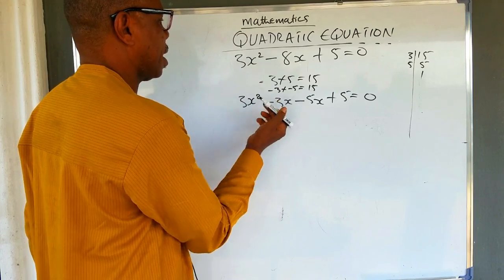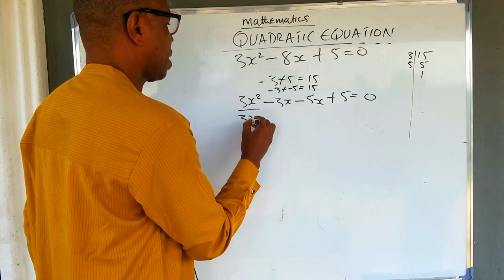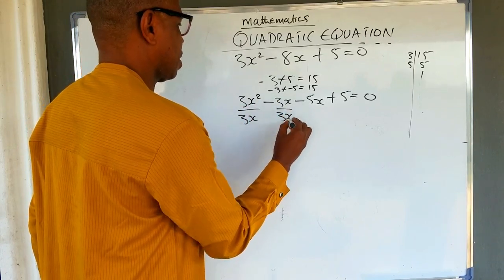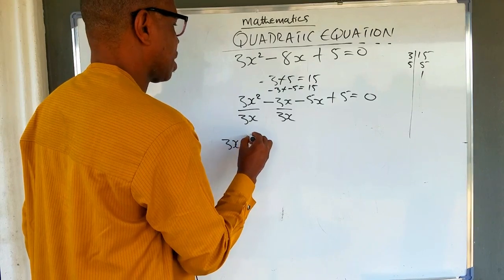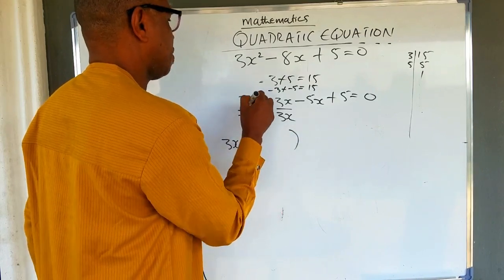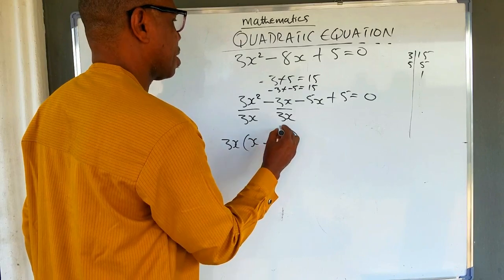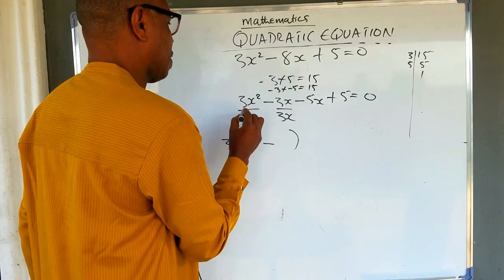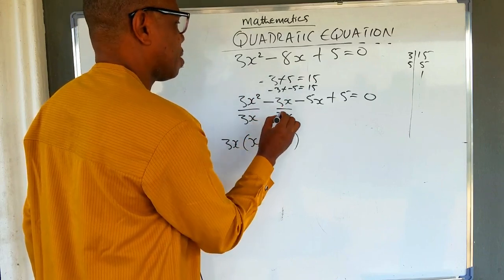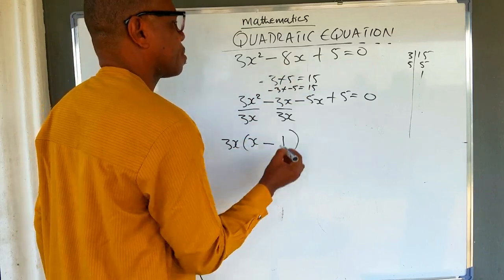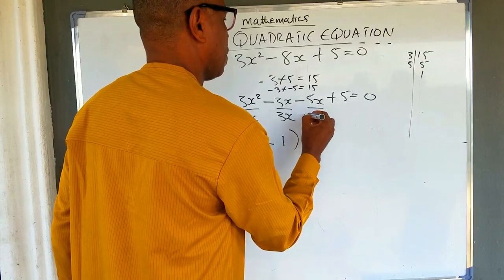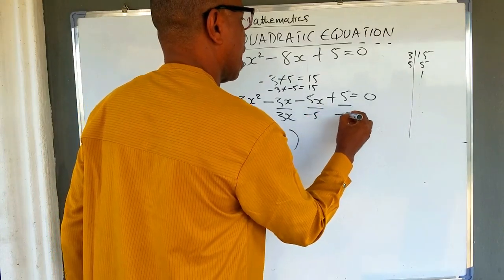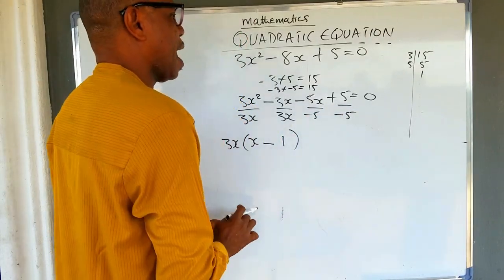Since I have 3x squared, I will divide with 3x, and bring the 3x outside here. 3x divide 3x, what I will have left is x. 3x divide 3x squared, x will have x. 3x divide 3x squared, I have only x. 3x divide 3x will have 1. So here, I divide with minus 5 and minus 5.